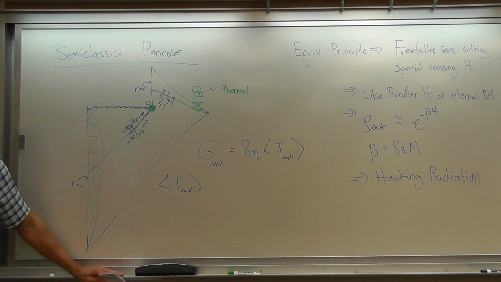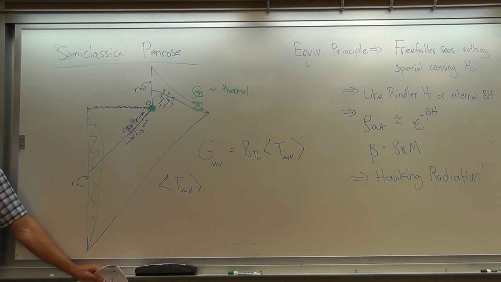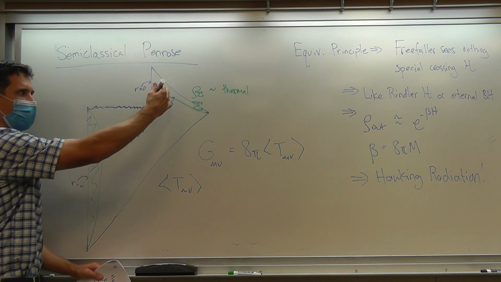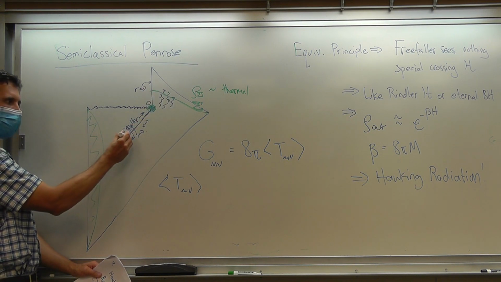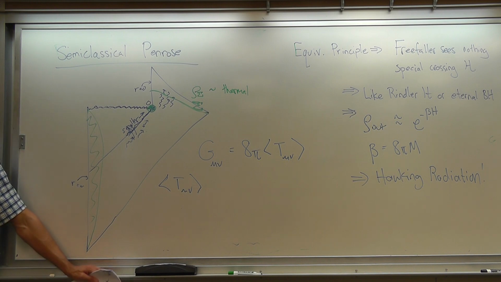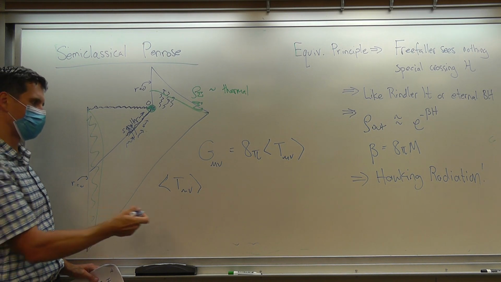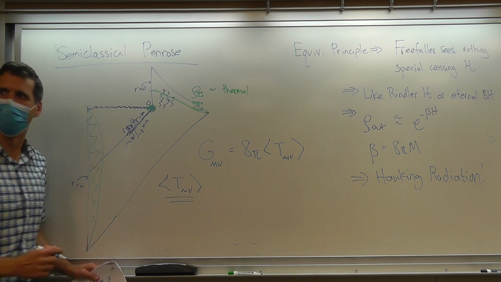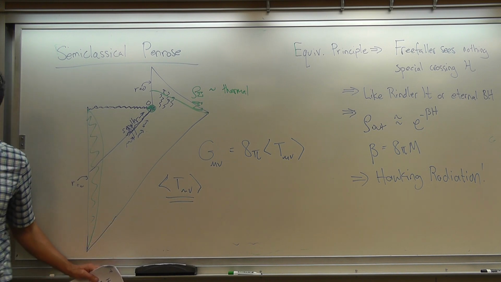You could try to calculate T mu nu in that other quantum state. You wouldn't see any flux coming out of the horizon, but it would be infinite when you got to the horizon. So that state is bad because it's singular on the horizon. The actual state that does Hawking radiate has a finite and smooth, but slightly negative stress tensor at the horizon.